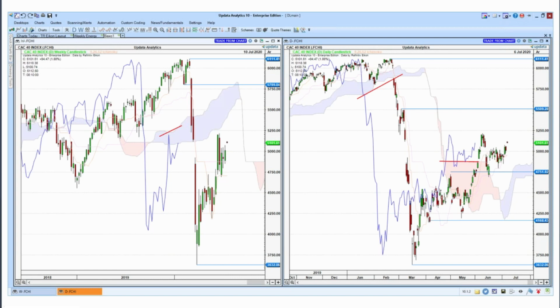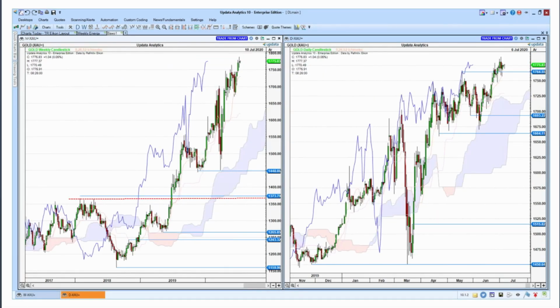And if we look at the last example, gold, again, we had this temporary breach on the daily bar, but on the weekly chart, we've just been bullish the whole time. So the long-term trend is bullish, but quite often you'll get shorter-term counter trends that just belie that longer-term trend for a little while. But this chart is, again, an extremely bullish chart.